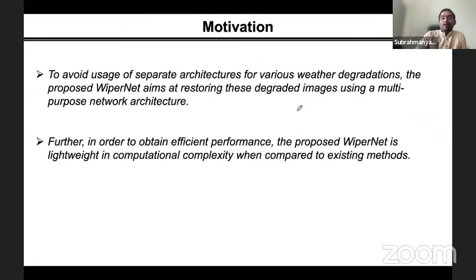That is the point that motivated us to avoid the usage of separate architectures for various weather degradations. So we have proposed a network called ViperNet, which aims to restore degraded images using a multi-purpose network architecture. It was proposed for a different application, but here we thought, why don't we use it for our application.